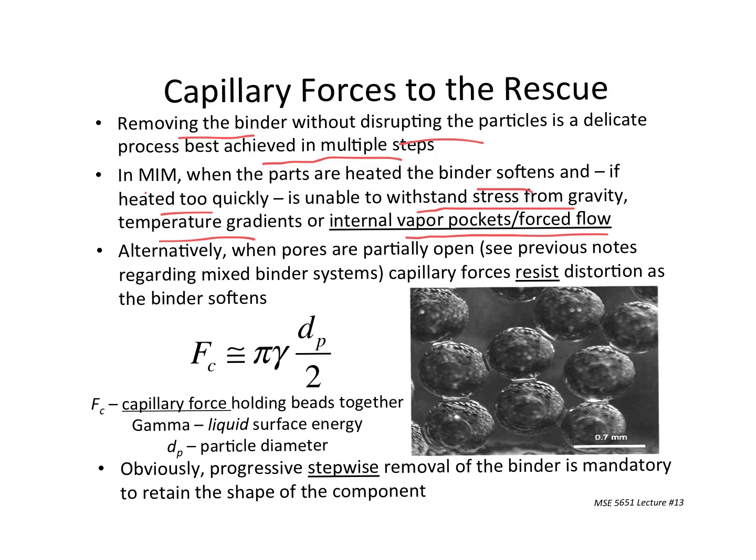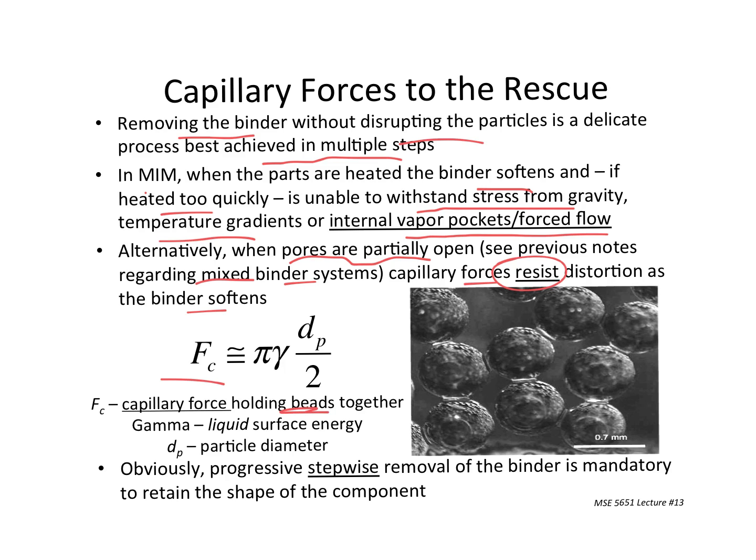But what we can also think about is if the pores are partially open, and we talked about this a little bit when we referred to the mixed binder systems in the last lecture, these capillary forces can be used to resist distortion as the binder softens. First off, we'll talk about this equation, which is F sub c, the capillary force holding beads together.